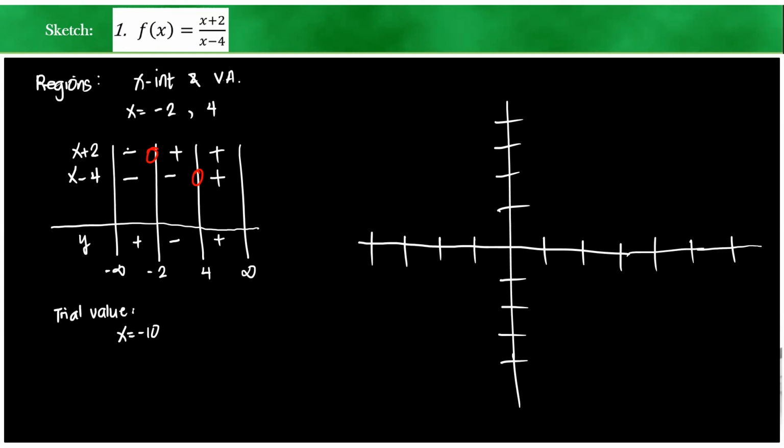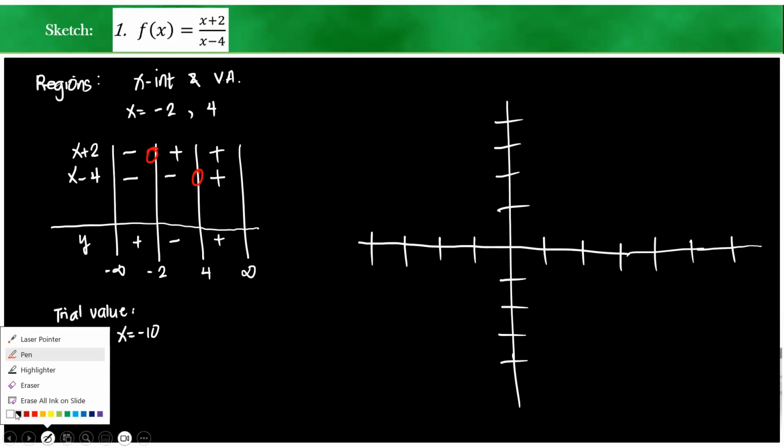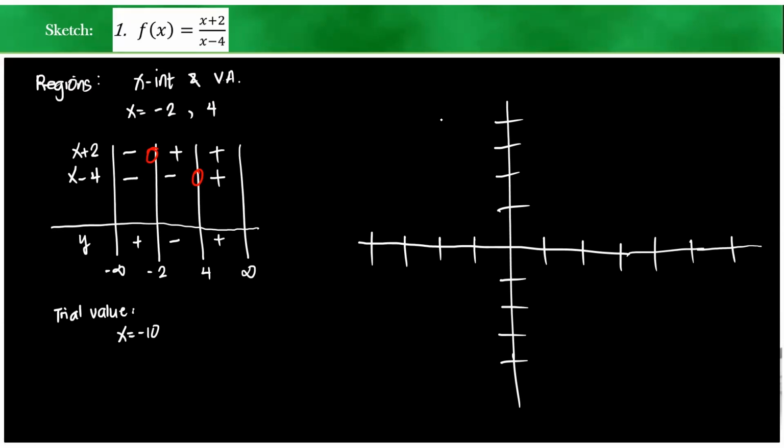All right. So let's try doing the regions first. For the regions, negative 2, let's create a very, very light line. And then 4, let's create a very, very light line. In here, from negative 2, going to the left, it's positive.